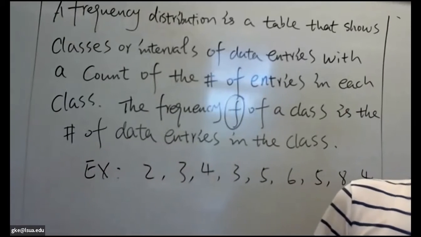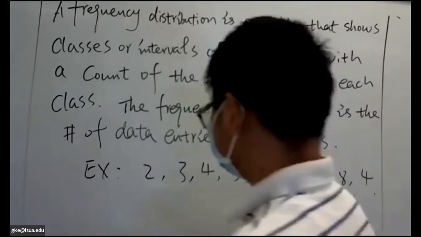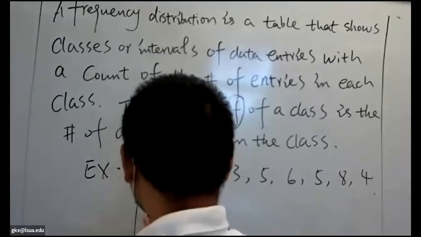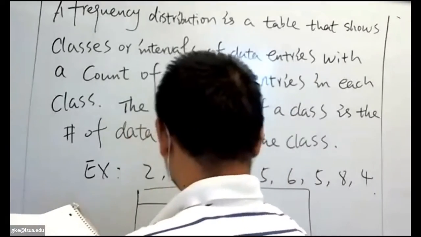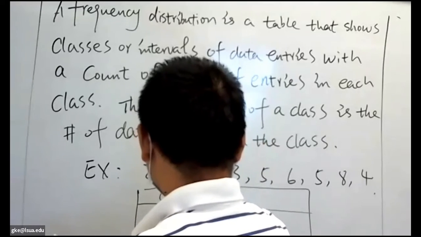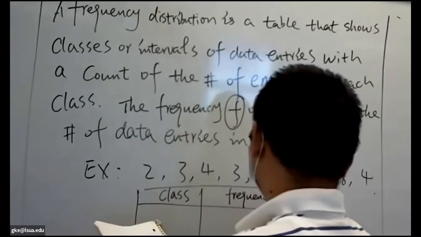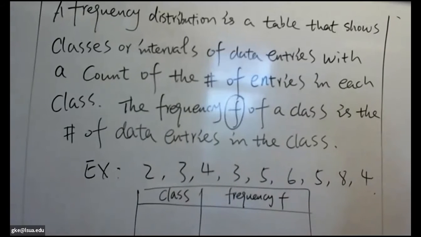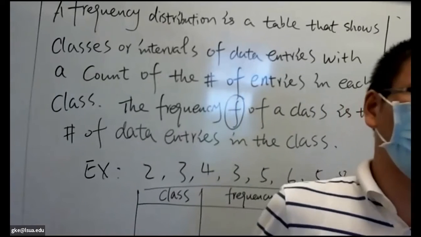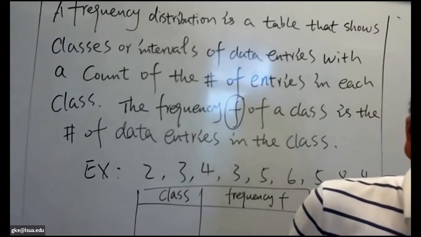Then we can construct a table of classes and the frequency F. Here I will directly give you the classes, and later we're going to learn how to divide the classes.